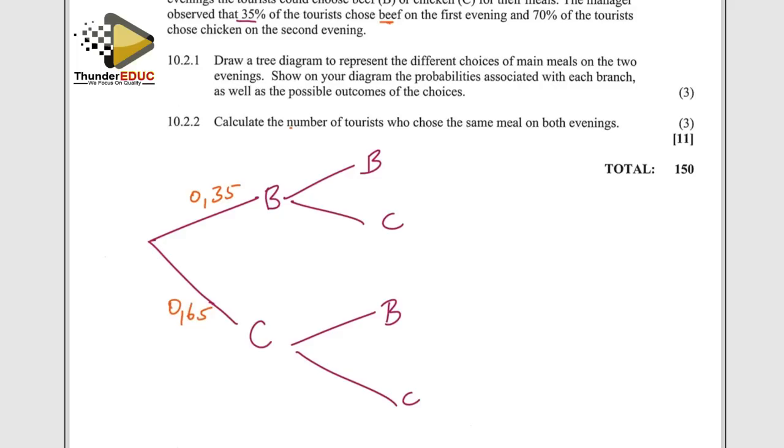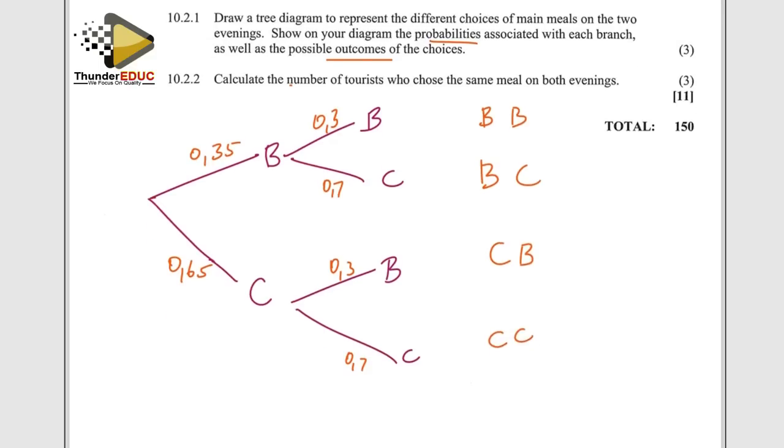Second evening, people got 70% for chicken, so this is going to be 0.7, 0.7, which means this is going to be 0.3 and 0.3. So whenever you draw a diagram, you must show the probabilities, which we've done, together with the possible outcomes. So someone can choose beef and beef, beef and chicken, chicken and beef, chicken and chicken.